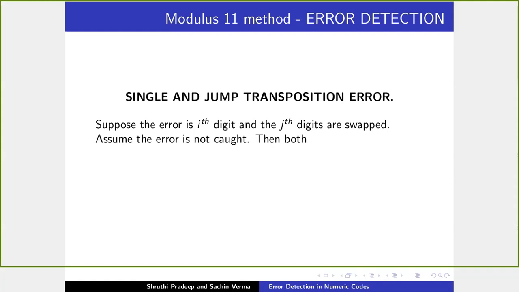Is it okay, Rohan? Now modulo 11, you are 100% correct. Rohan is asking whether modulo 10 also corrects single digit errors, yes, and modulo 11 also. For modulo 10, we have not given the proof, it is easy to check, whereas for modulo 11 we are giving the proof.